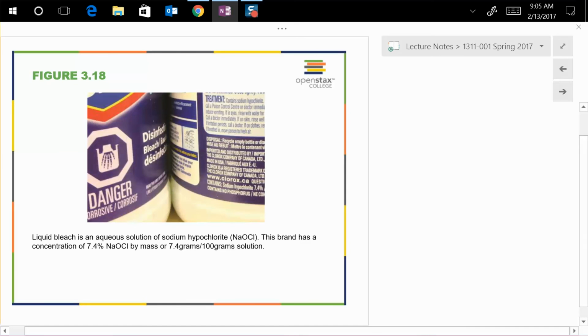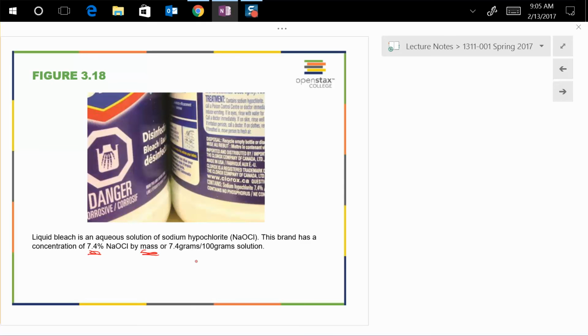Okay. So here, liquid bleach is an aqueous solution of sodium hypochlorite. The brand has a concentration of 7.4% sodium hypochlorite by mass, or 7.4 grams of sodium hypochlorite in every 100 grams of solution.